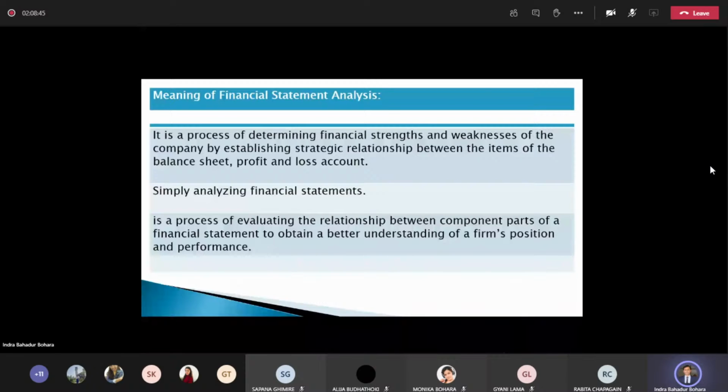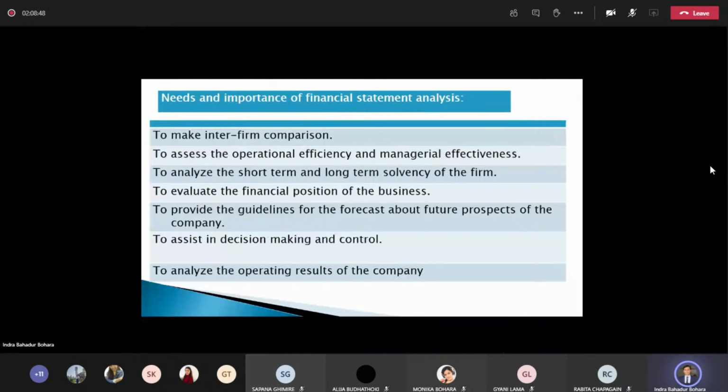So, the need for financial statement analysis. What is its importance and essential necessity? As I just told you, financial statement analysis is necessary to compare the performance between two companies, and between two periods of the same company. Suppose company A earned a profit of 5 lakh rupees and company B earned 10 lakh rupees.